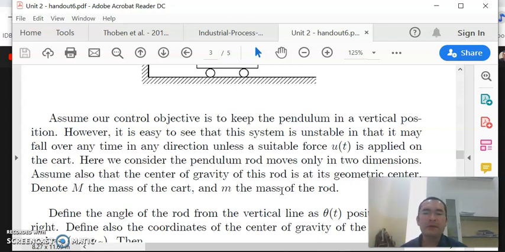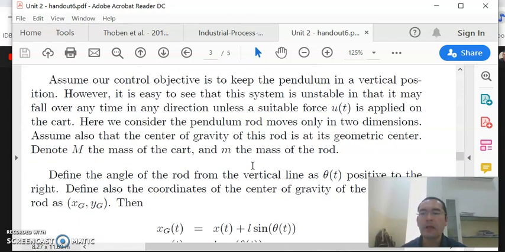Here we consider that the pendulum, the rod, moves only in two dimensions, so we only need the angle theta to determine the position of this rod. Assume also that the center of gravity of the rod is at its geometric center.